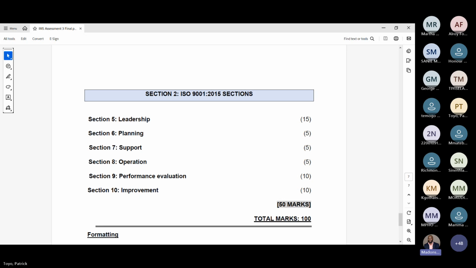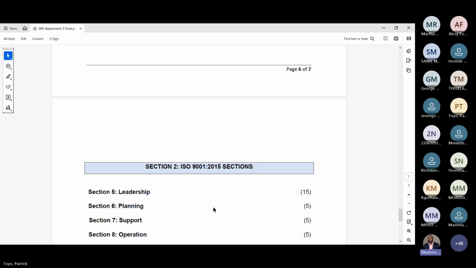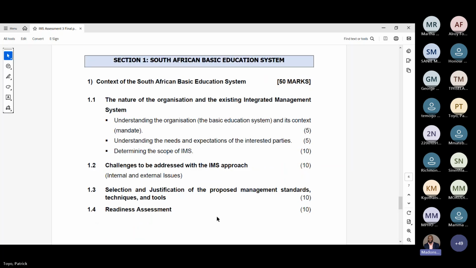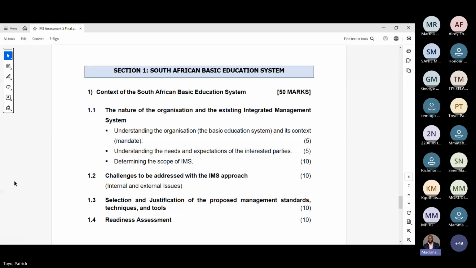Right. I want us to go back to section 1, just to address any questions or any clarity needed, because it's very important that we understand this first part. Hence, as we said earlier, groups are not required, but you are welcome to consult.